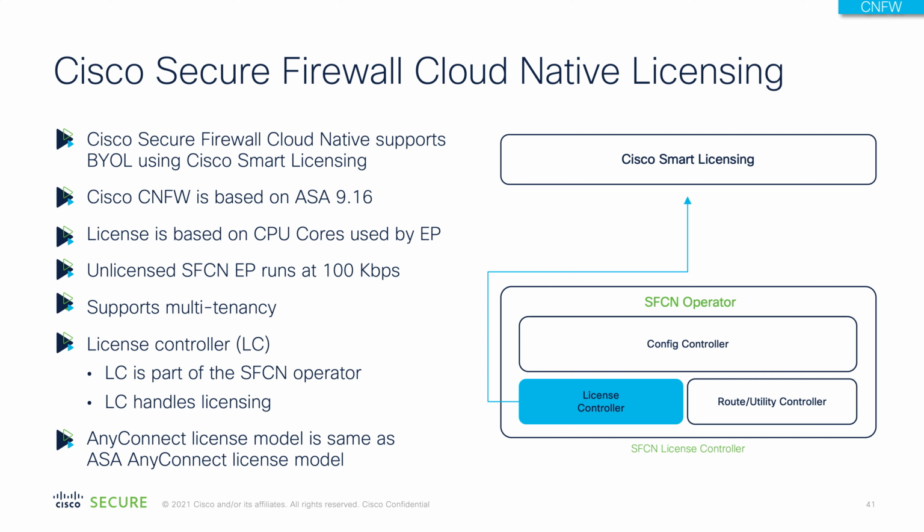On the AnyConnect side, the licensing model is the same as ASA. There is no change. And if you don't have a license, your EP runs at 100 kbps. If you want to test anything, you are still okay to deploy this architecture and test it, but throughput will not go beyond 100 kbps. There is a rate limiter in place.